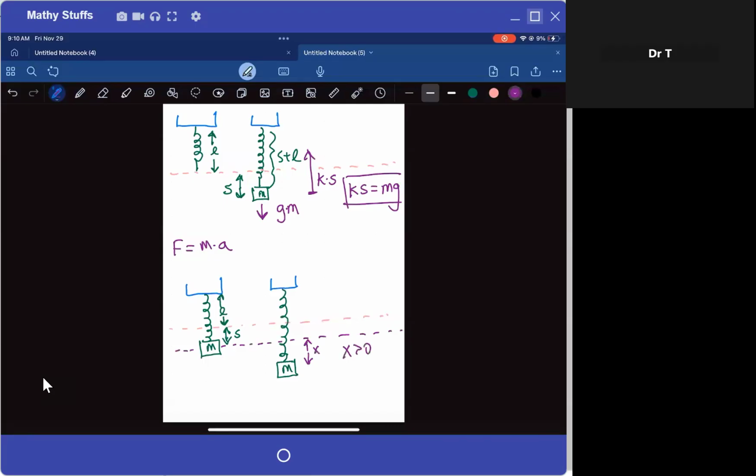And if I compress back up so that the spring moves to a shorter state, so imagine this mass over here to the left coming up above that purple dotted line, that is going to be X less than 0. So again, X greater than 0 is extension, X less than 0 is compression. And let's analyze the forces that are acting on this system right now.